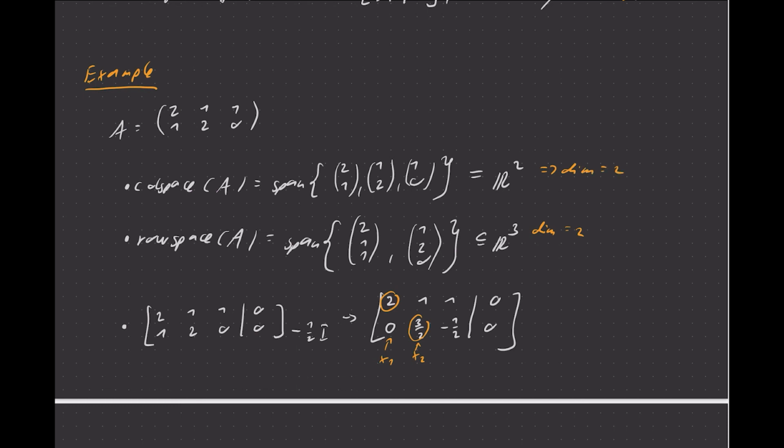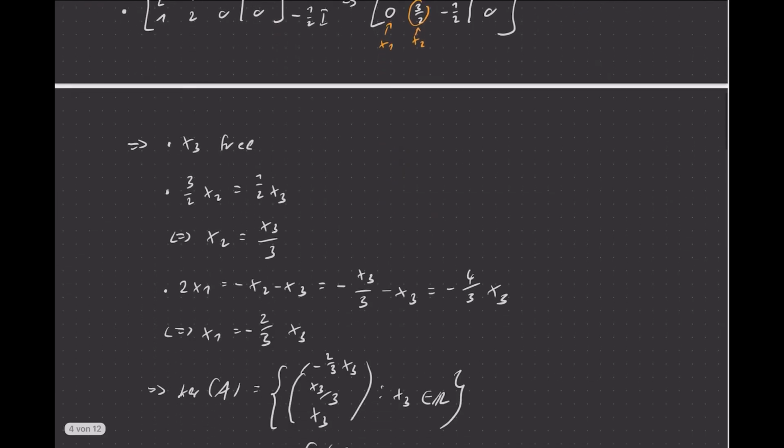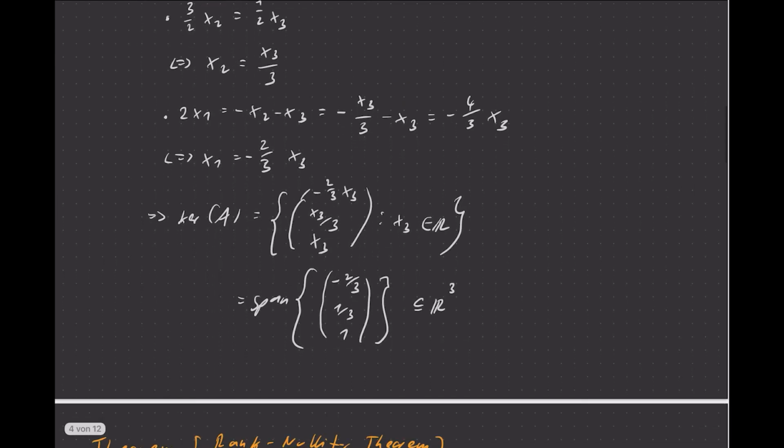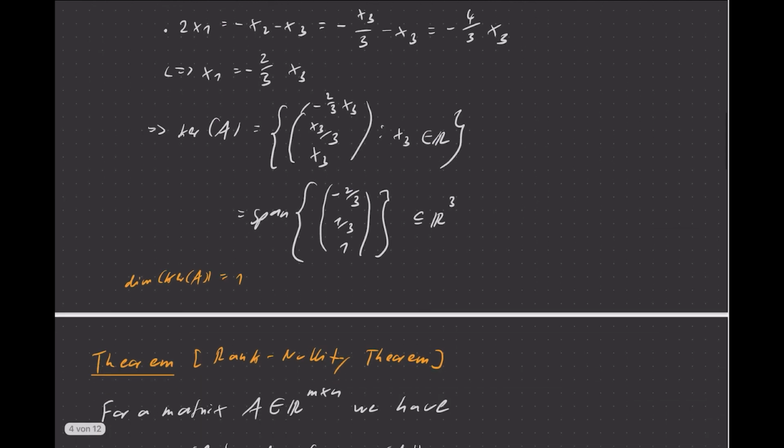So obviously the dimension of that is 2 as well. Yeah, so you will notice that those two agree. And if we have a look at the kernel, then we can see that the dimension of the kernel of A is 1. And that is exactly equal to n, which is 3, minus the rank of A, which is 2.